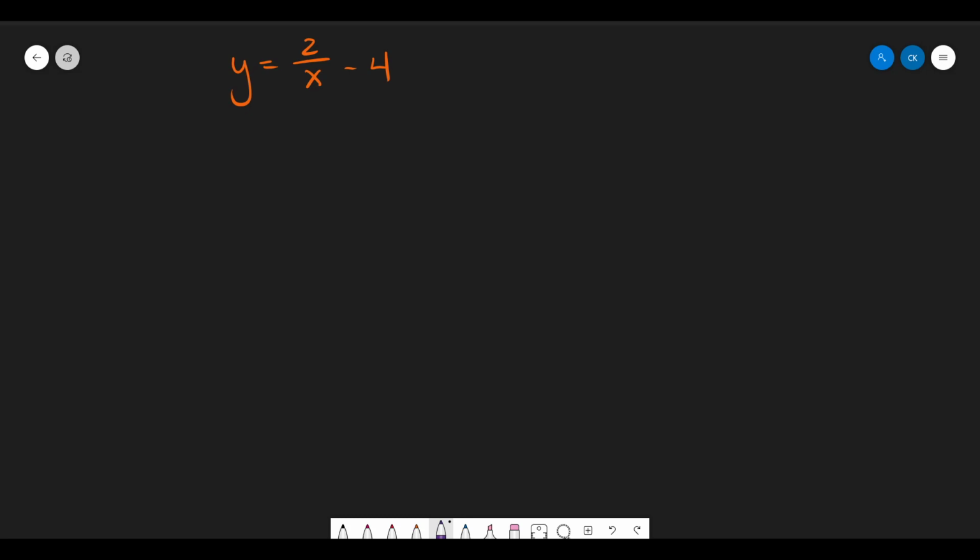And if you remember, the vertical asymptote is take the denominator, set it equal to 0, and solve. Now in this case, I don't have to solve anything. x is already by itself. So that means that my vertical asymptote is x equals 0. That is the vertical asymptote, and we're finished.